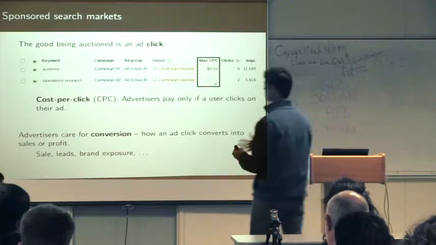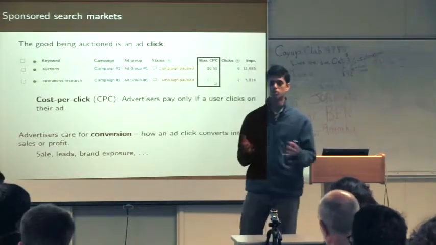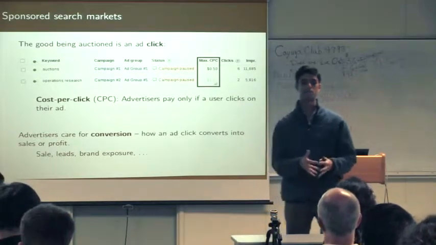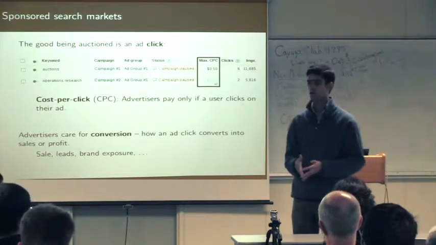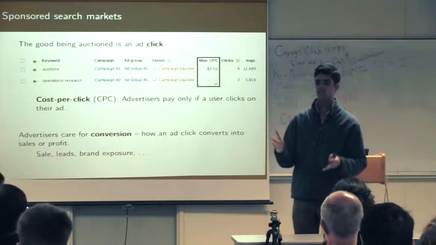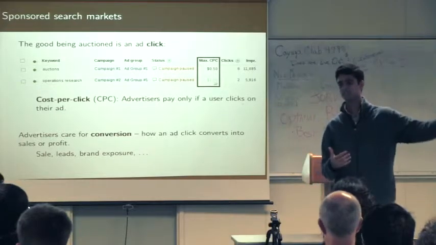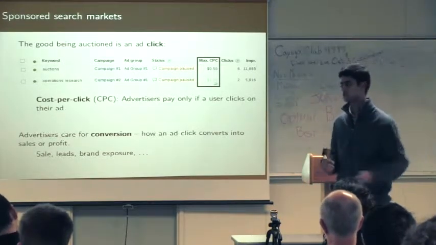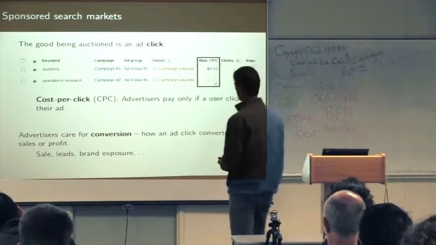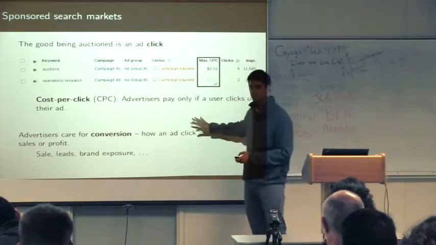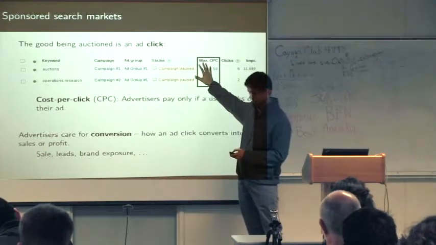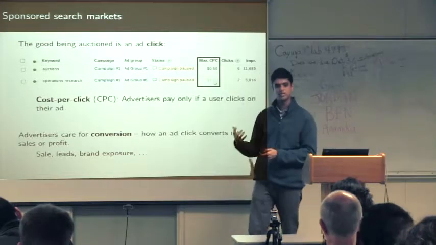But in a more general setting, it could be that they watched some video and you got some brand exposure, or they signed up for some newsletter which could convert into some future sales, and so on. So conversion can mean different things, but there is some mismatch between what is being sold and what you actually care about.